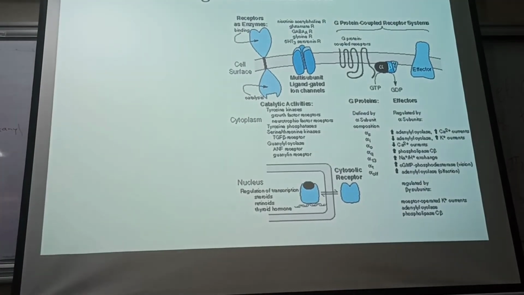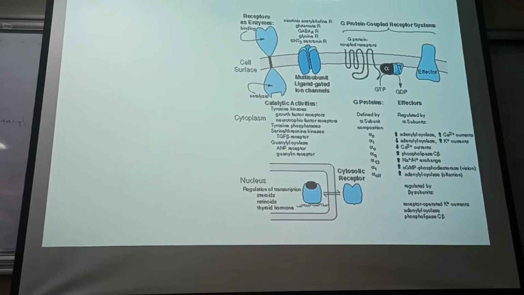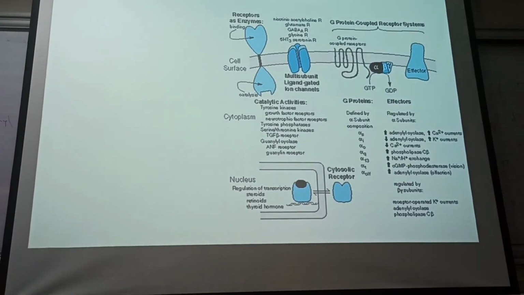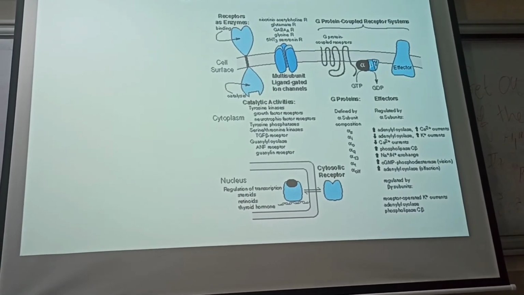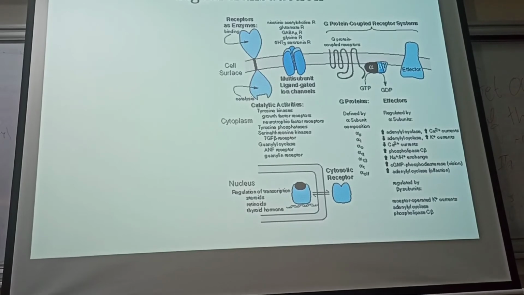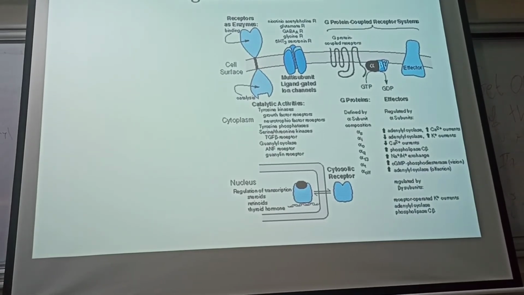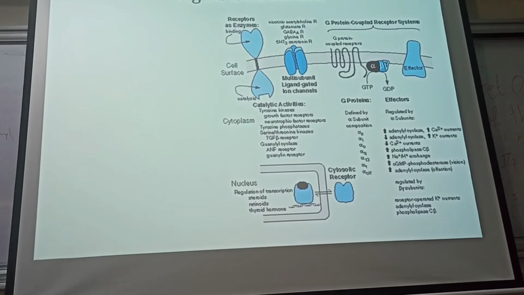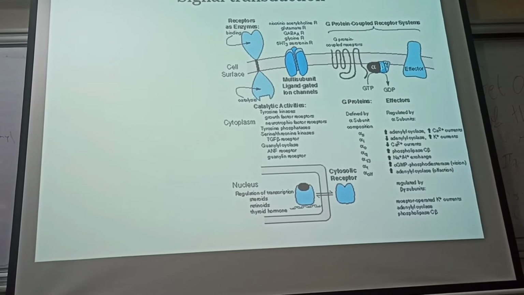Ligand-gated ion channels. It means that these channels are closed. When an agonist binds with the channel, then we have opening of the channel. Nicotinic receptors for acetylcholine are ion channels for sodium.